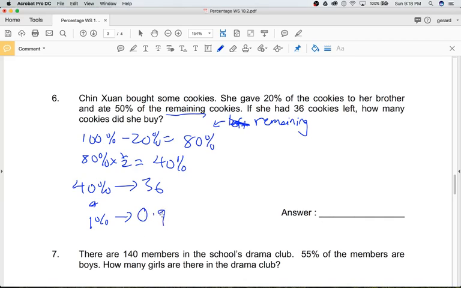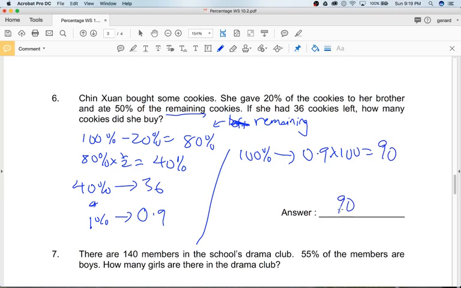Don't worry about this, because in percentages, even if it means 0.9 cookies, it's not the final number. Then you have to find how many cookies she bought. 1% is 0.9, so 100% is 0.9 times 100, which equals 90. So the answer will be 90.